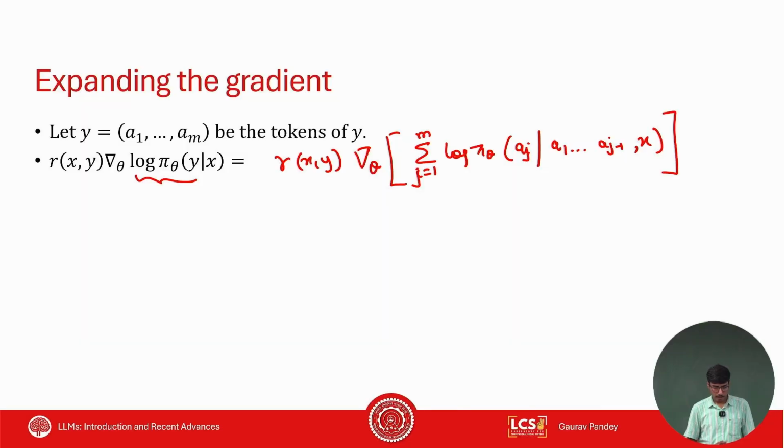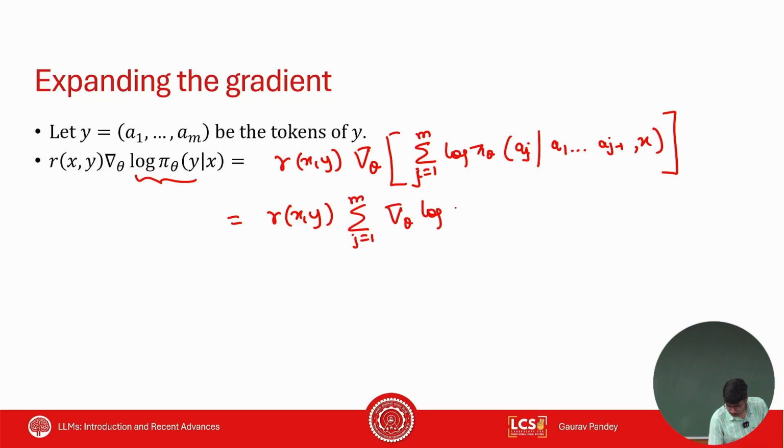Okay, and now if you put the gradient inside, this will be summation j equal to 1 to m, gradient of the log of pi theta.